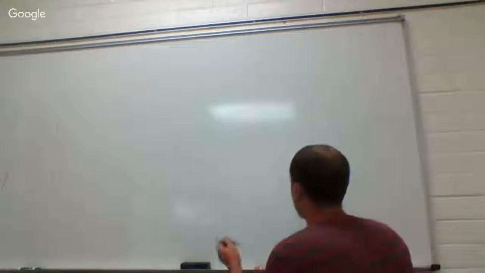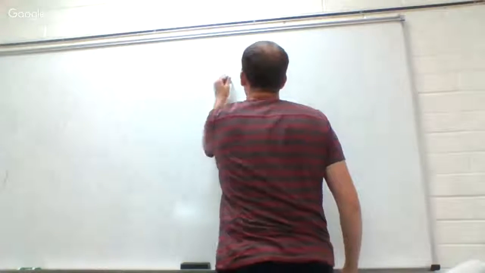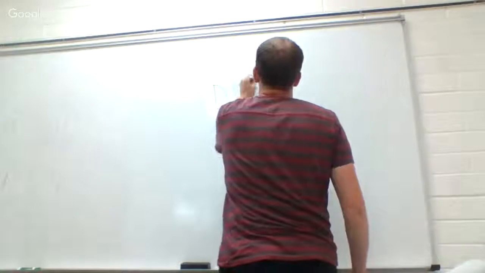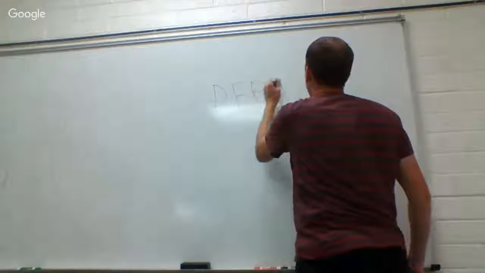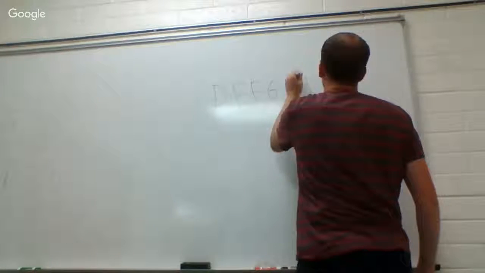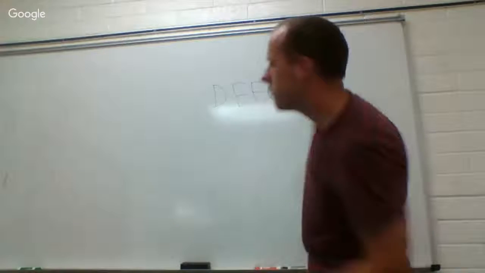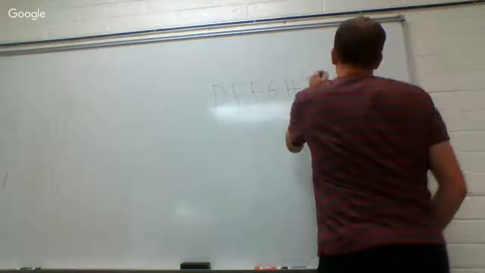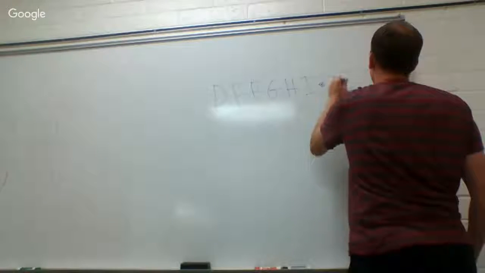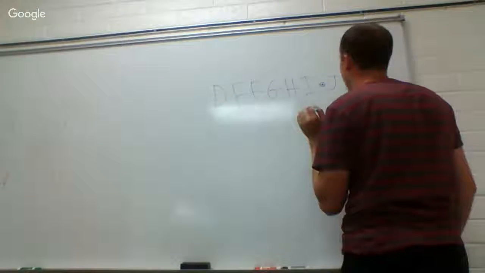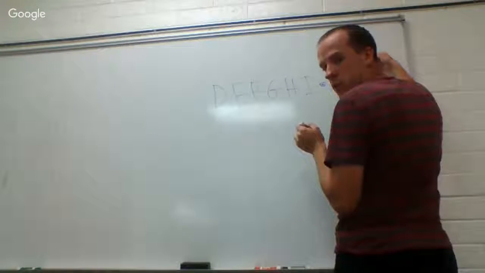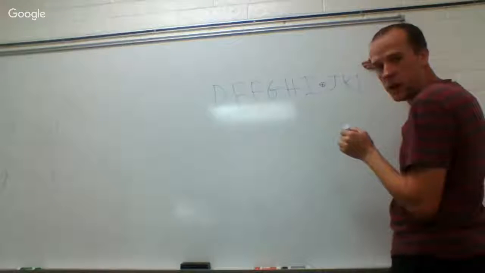Actually, let me say it differently. What we have is 2 homologous chromosomes. We have D, E, F, G, H, I, J, K, L. And then we have another copy of this one, its homologous pair.